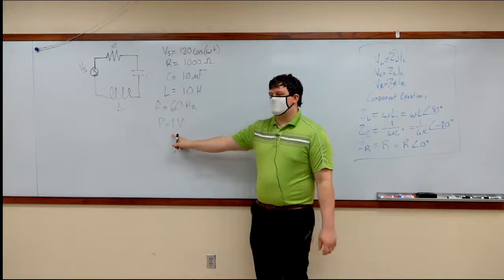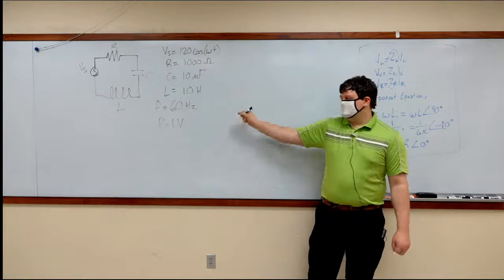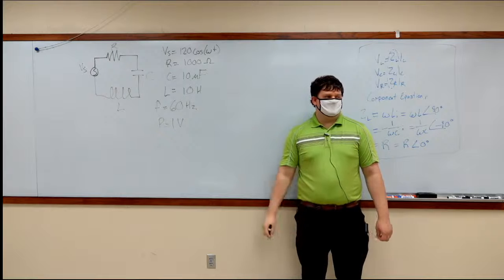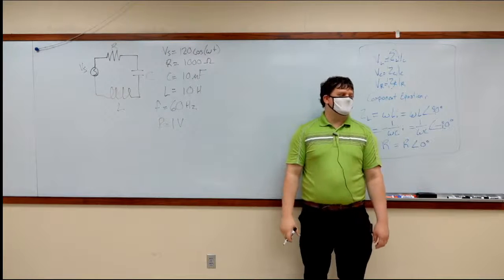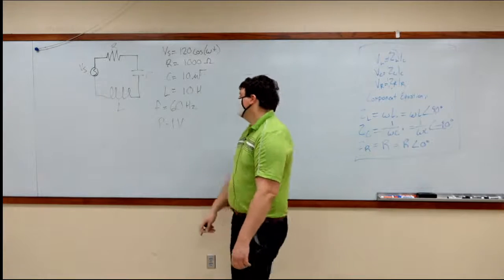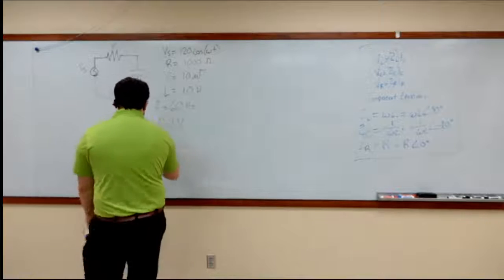Because if we just take the average value of I and V, they're both 0. So we have to do something special to this. What we did last class. Nice. Way to not look in your notes at all and just tell me to just remember what I'm telling you. But you are right. Dang it.